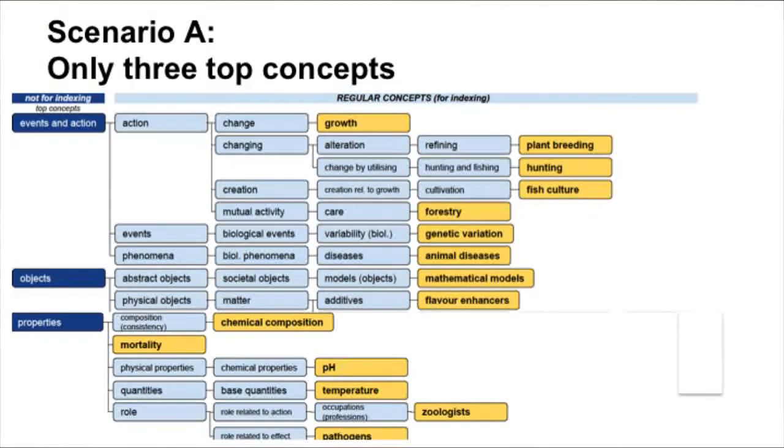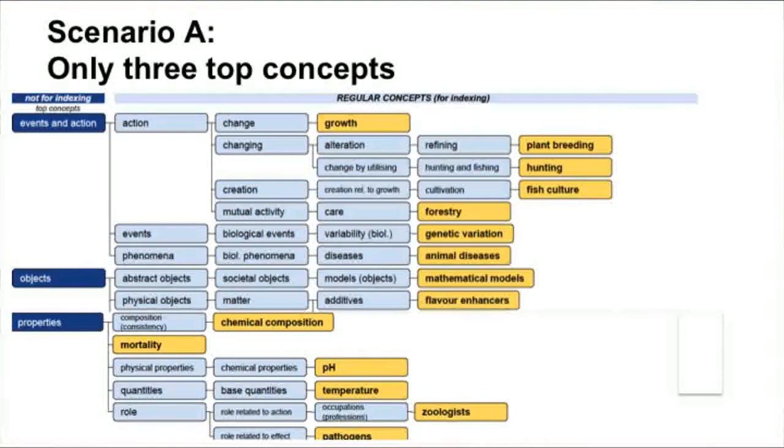These top concepts would not be used for indexing, but would be there for the purposes of intellectual organization. You have here in the example events and actions, objects, and properties, which are top concepts in the Finnish ontologies in the Finto project.